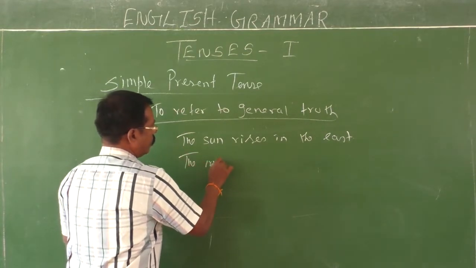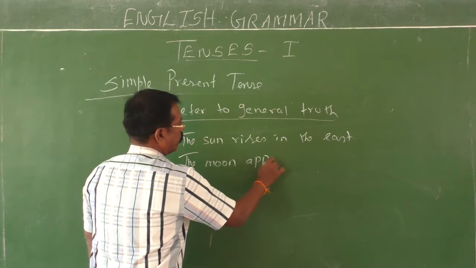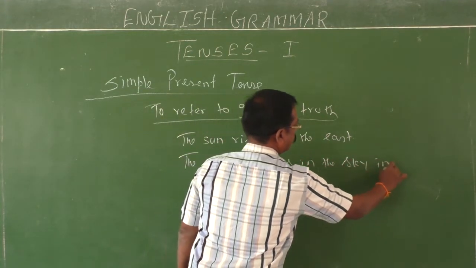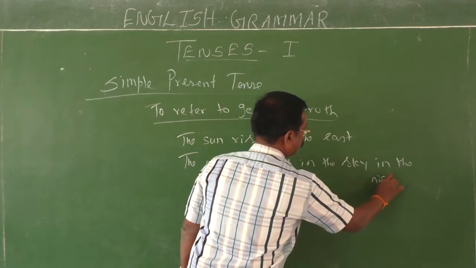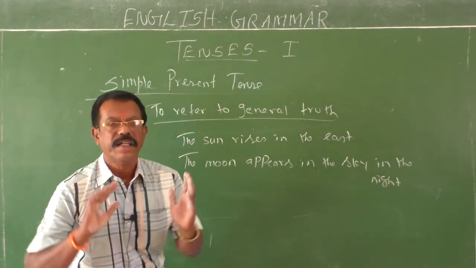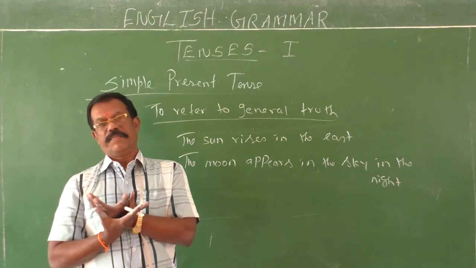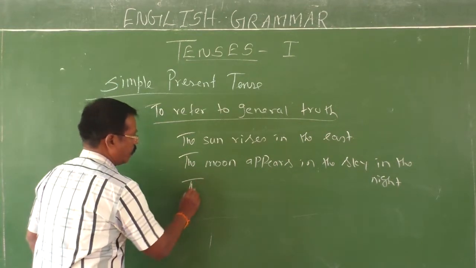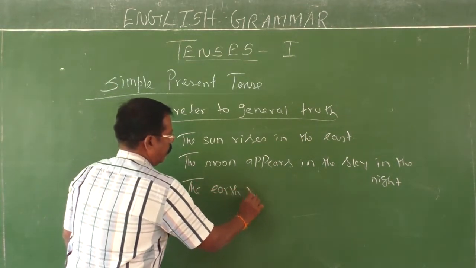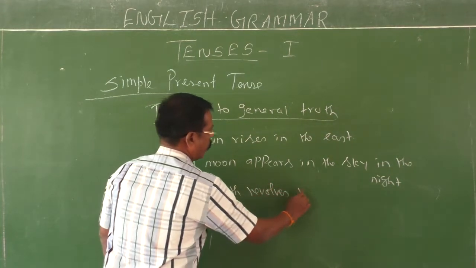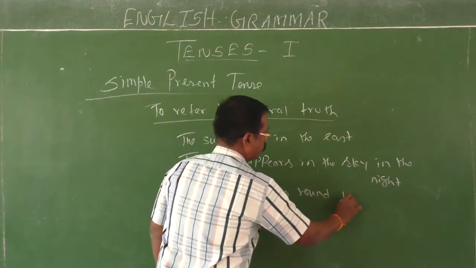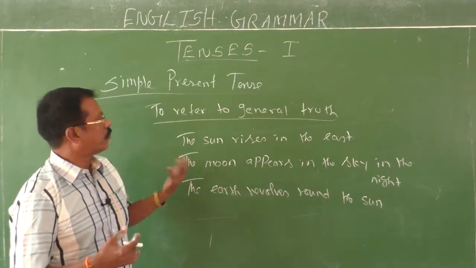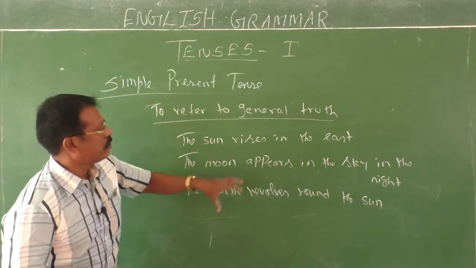The moon appears in the sky in the night. These are all general truths. The earth revolves around the sun. So they are examples for general truth. So whenever you want to refer to some general truth, there you have to use simple present tense.